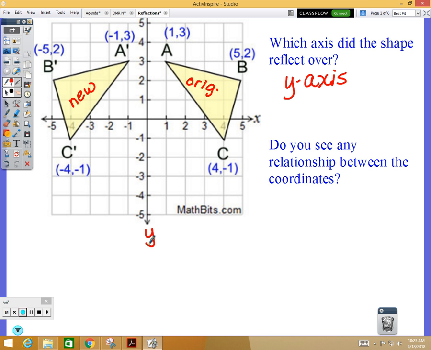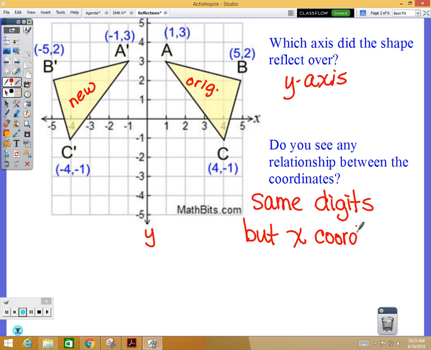All right, so same digits, right? 1 and 3. The only difference is that the x coordinate is changing to negative. So same digits, but x coordinate is opposite.